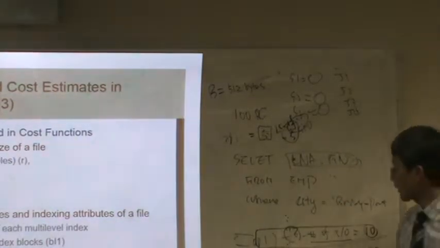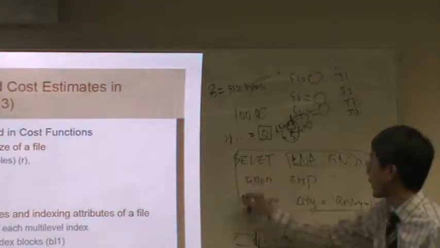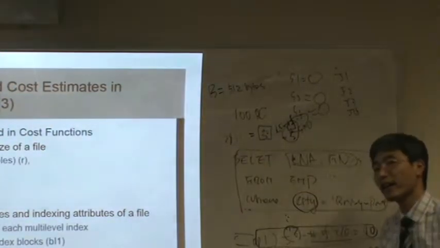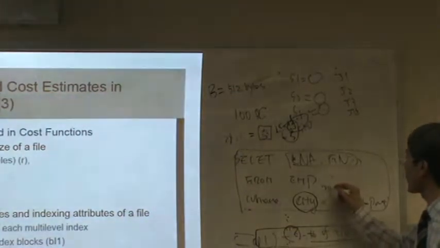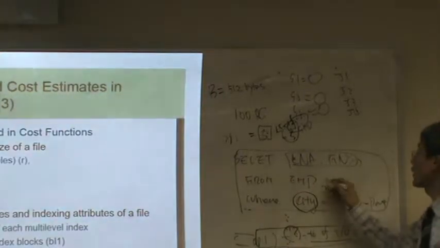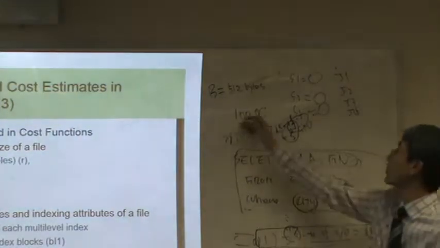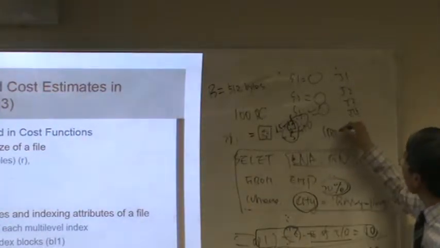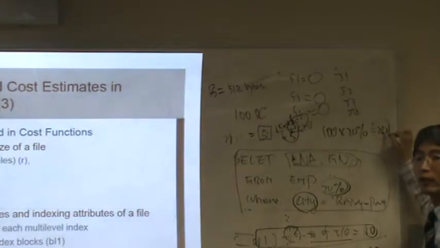So for example, when we learn this query, say it has a selection cardinality of 20%. It's just an example, 20%. The 20% of the data will be returned, which means 20 records will be returned.